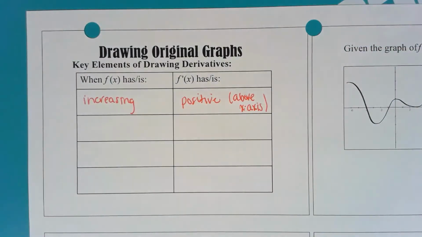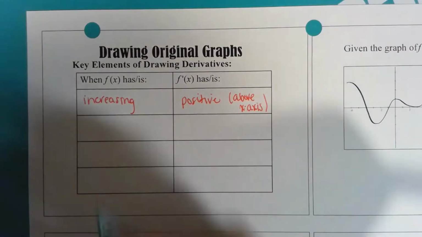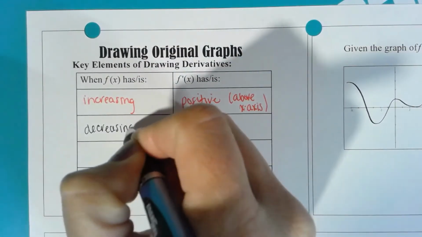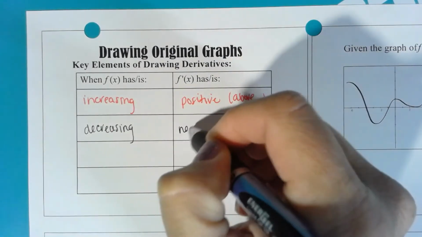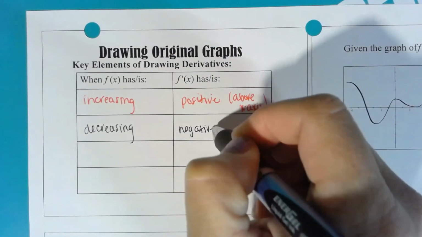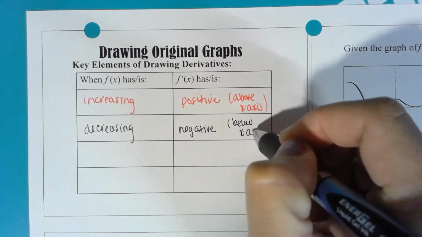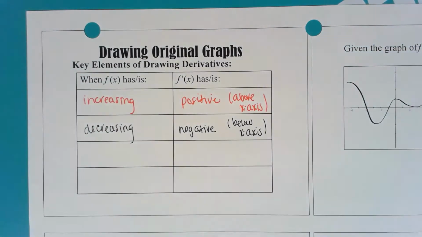So when a function is increasing, its derivative is above the x-axis. Likewise, if a graph is decreasing, its derivative, its slope, is negative, meaning below the x-axis.